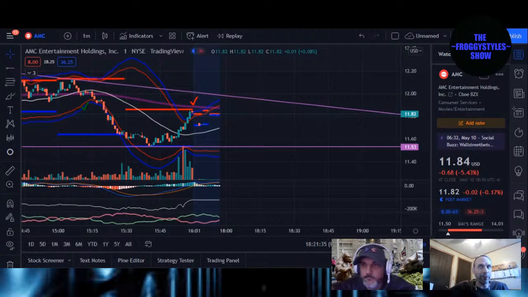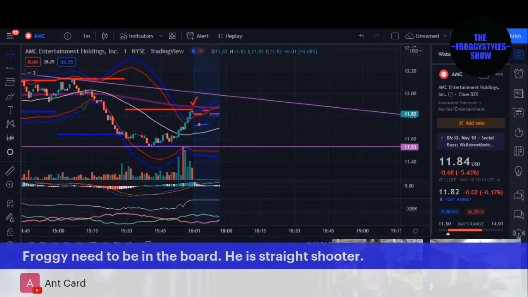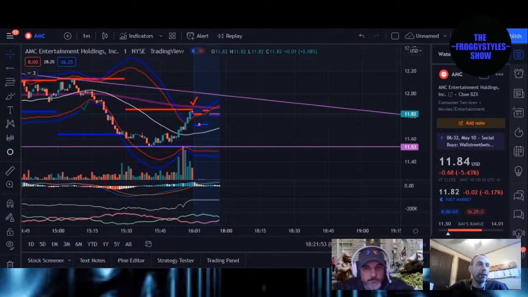Somebody suggested Ape Father as being someone on the board. Ooh, that would be a rough one. Yeah, I wouldn't mind being on the board myself either. Inkheart says Froggy would be good for the board. No, I didn't sign up for it. I know it was suggested that Tony was going to get signed up for it. I don't know if he did or not, but I think I'd probably be too rough on the board. I'd be questioning everything that they were doing. What are you doing?